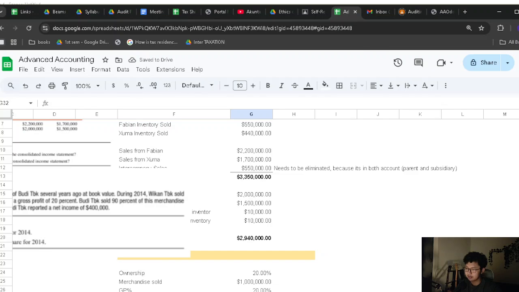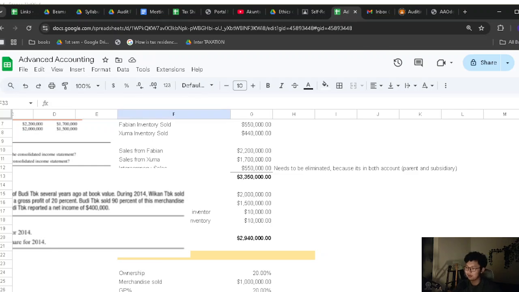So wait, no, I'm actually blanking out. Okay, right, so if Booty only sold 900 of their inventory, that means the residual inventory, the ending inventory, is 1 million deducted by 900, you get 100. That's the residual inventory. That's what I was looking for.